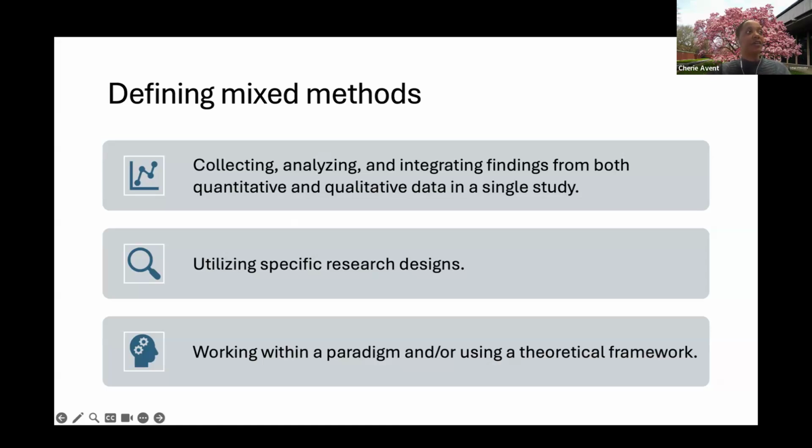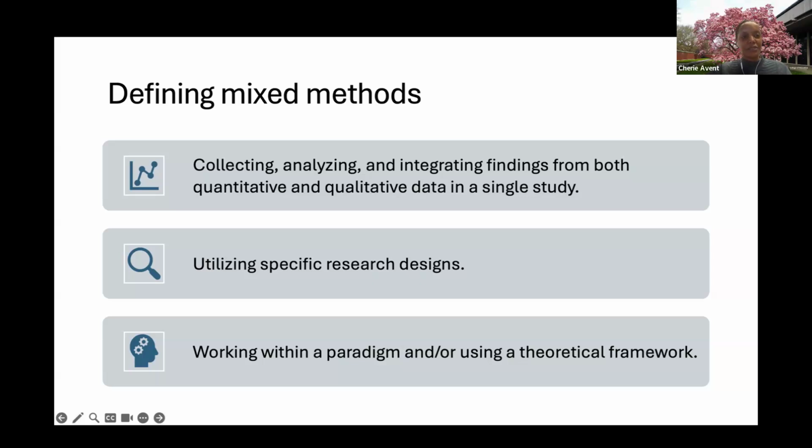We saw a number of evaluation scholars starting out to build the mixed methods field, scholars such as Dr. Jennifer Greene. In defining mixed methods, I highlight three key aspects that I think are important.